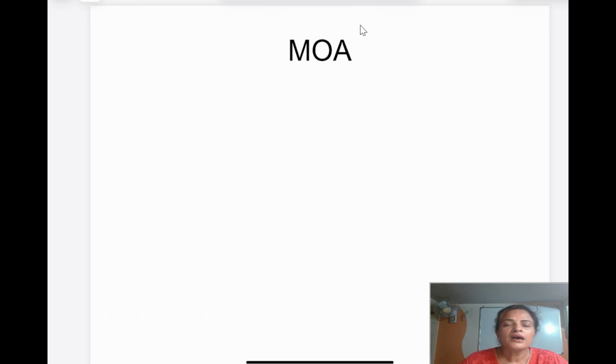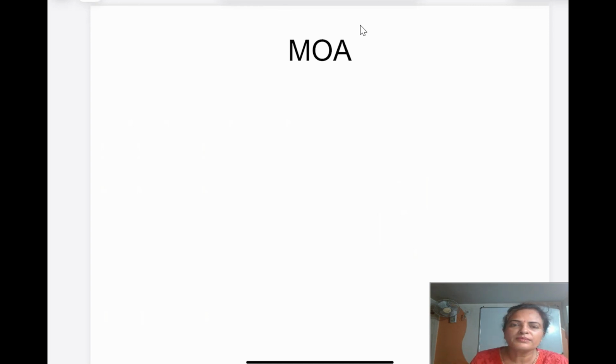Now next is how this group of drugs acts. Aminoglycosides are bactericidal. They act by inhibiting bacterial protein synthesis. Important is how the bacterial protein is synthesized and which step it inhibits.